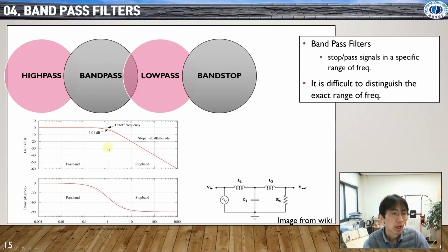But here, as you can see, there is a gradual slope. Here we want to make the filter like this.